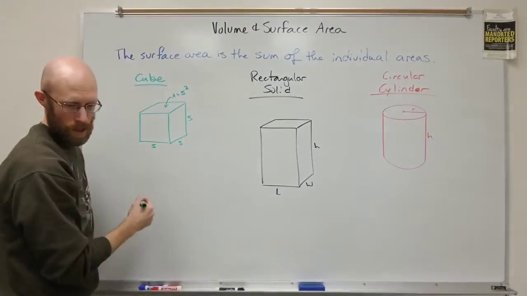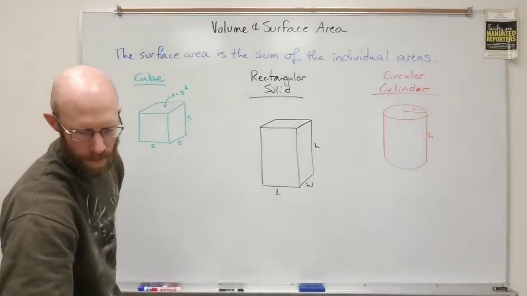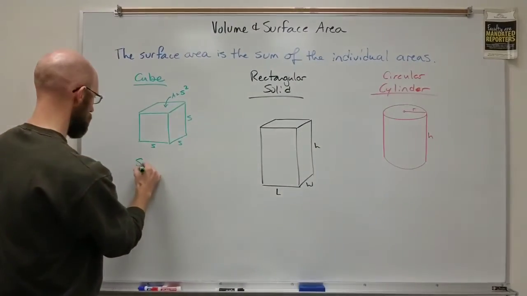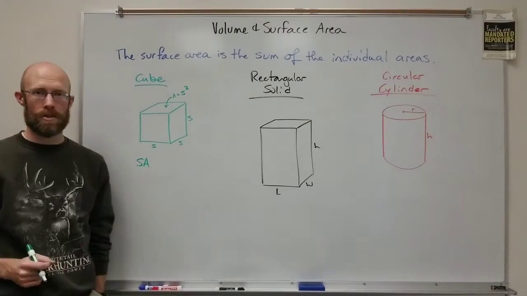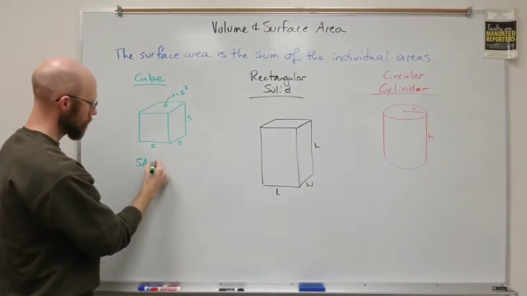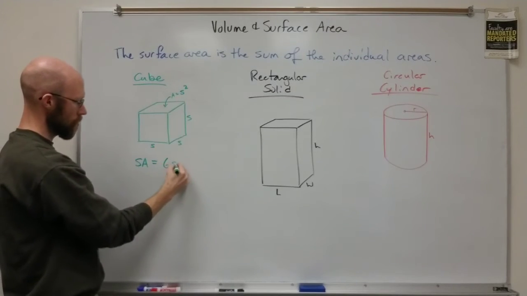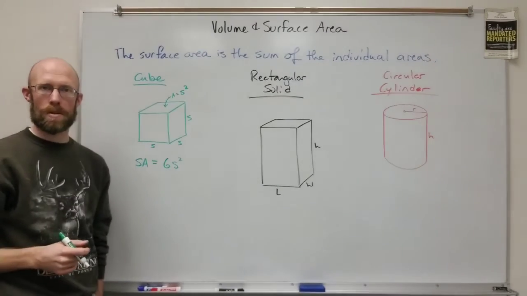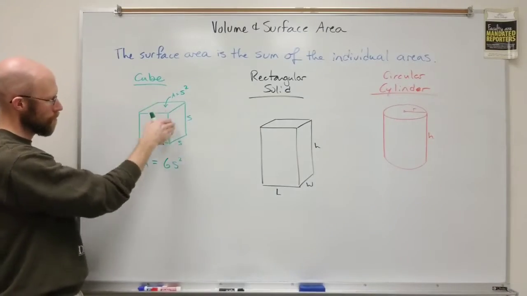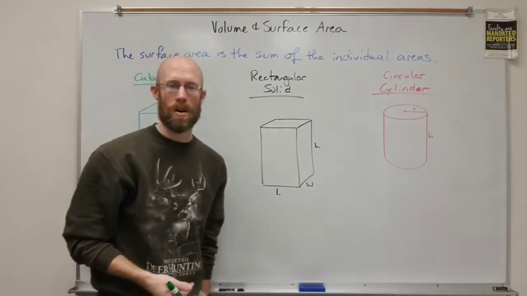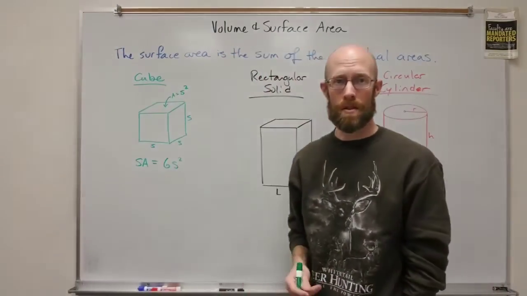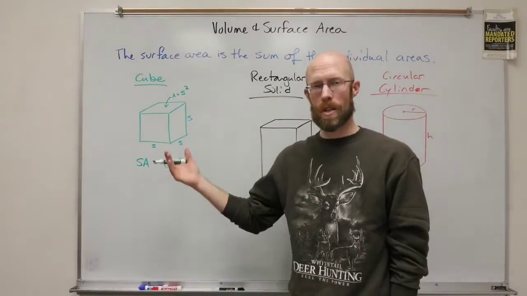And so the overall surface area, which we're going to call SA, abbreviated for surface area, is going to be equal to 6 of those S squares, right? 6 S squares, because there's a top, bottom, left, right, front, back. That gives you all 6 surfaces, and they're all squares, for a cube.